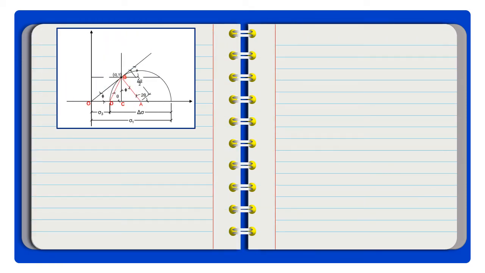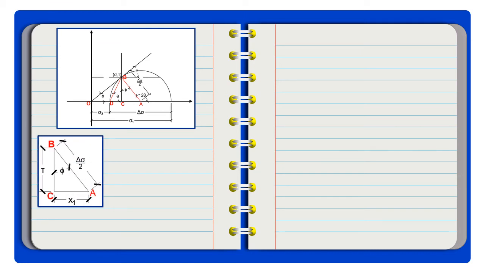So ngayon, since meron na tayong nakuhang angle of internal friction, pwede natin ngayon ma-solve yung stresses at failure using yung triangle ABC. So we get the triangle ABC from the Mohr circle. We will have this diagram.